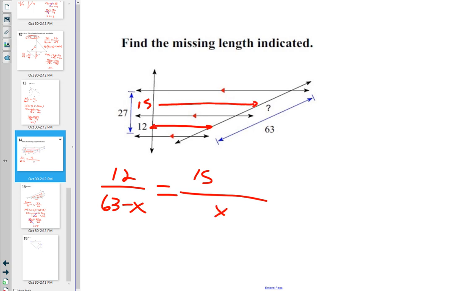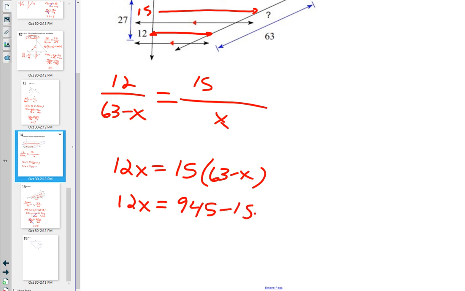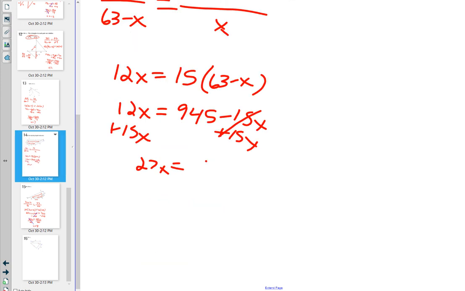Just x, because that's what's unknown. So 12x is equal to 15 times 63 minus x. 12x is equal to 945 plus 15x. So 27x is equal to 945, divided by 27 is.